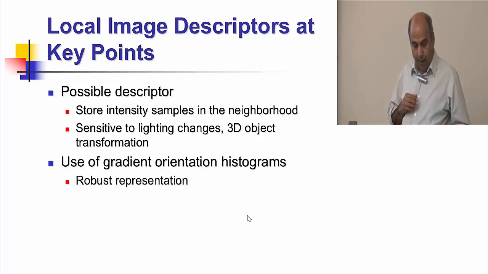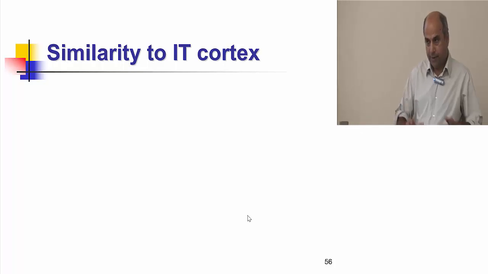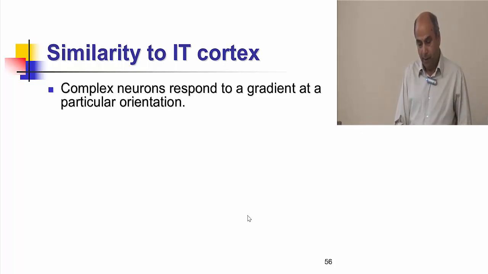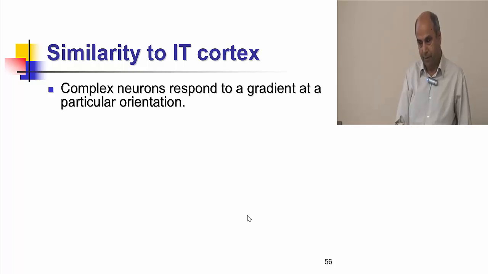Okay, so this will be a robust representation, and it's related to the cortex of humans and different animals, because there are neurons which respond or are tuned to a particular orientation. When a human sees a particular direction, then they will fire. And that's the way the brain works and so on.